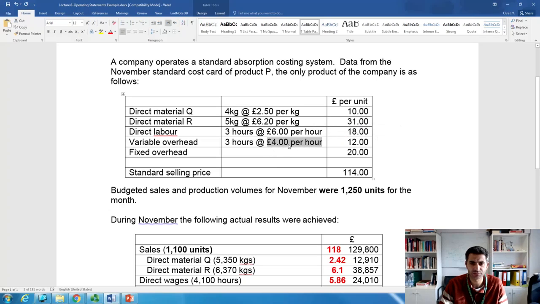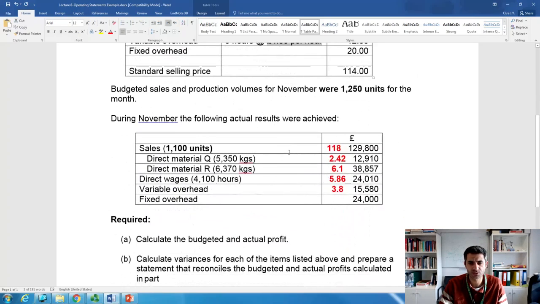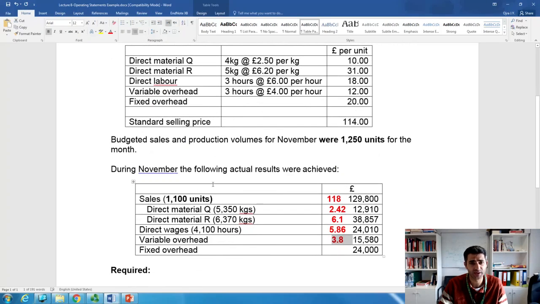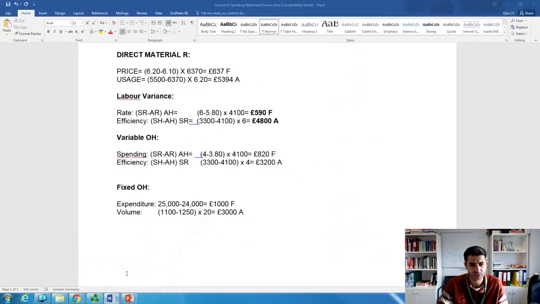The actual rate for variable overhead is £3.80. Then you multiply by the actual hours, based on the labor hours, which is 4,100.